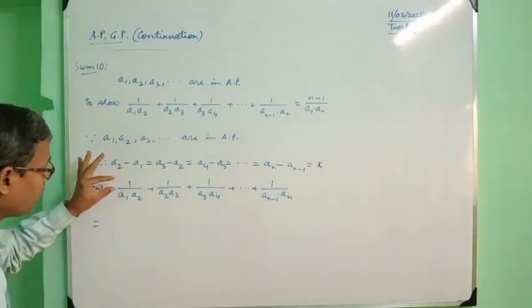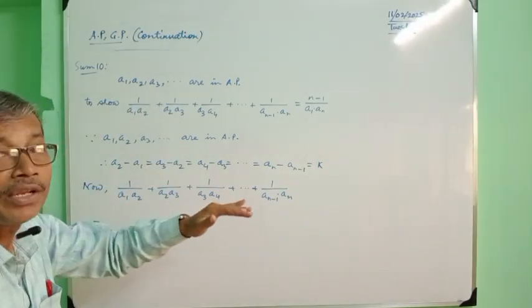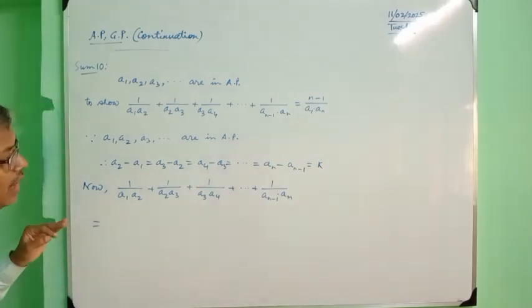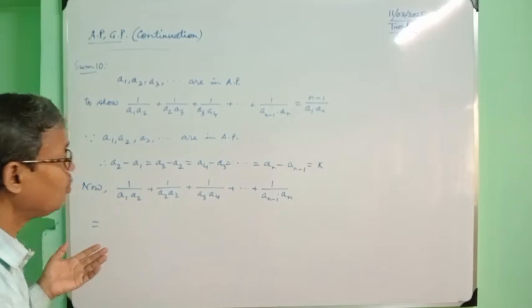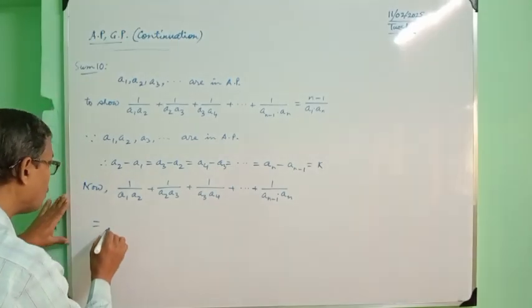Now if I multiply each numerator by k and divide the whole by k, then there will be no difference. That is why I write here.